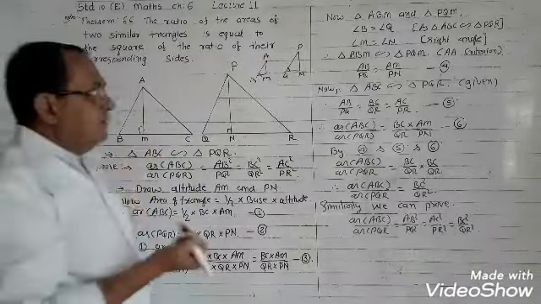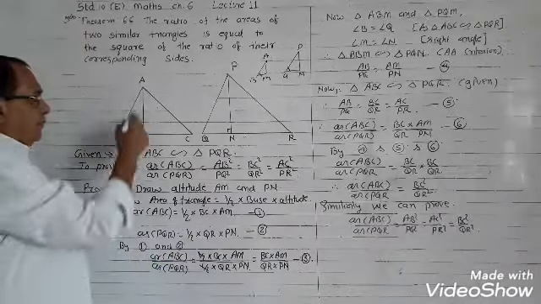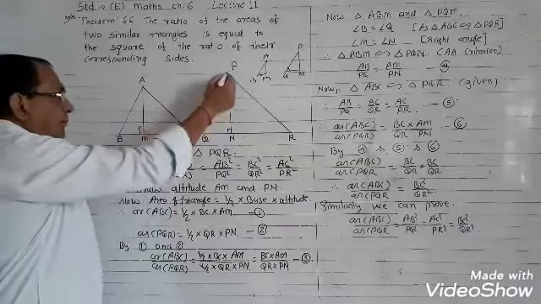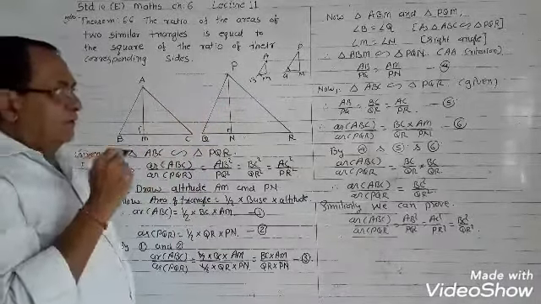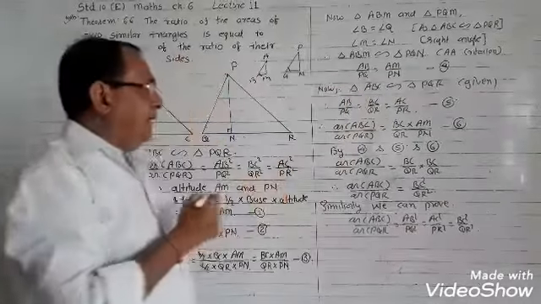Therefore triangle ABM is similar to triangle PQN by the AA criteria. Therefore AB upon PQ is equal to AM upon PN.